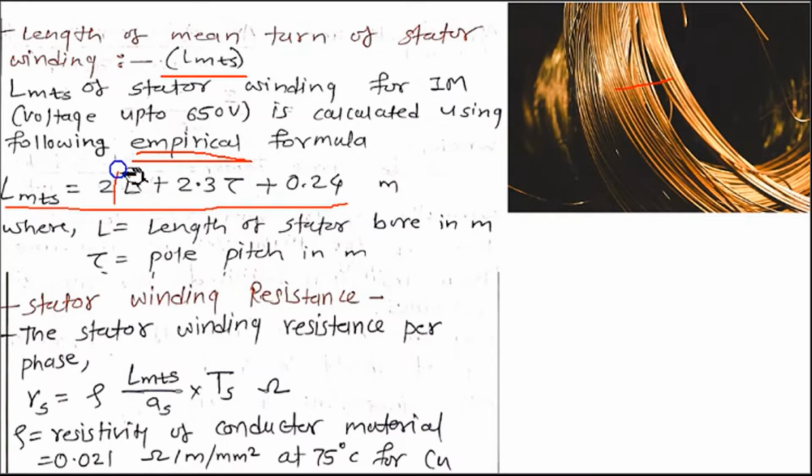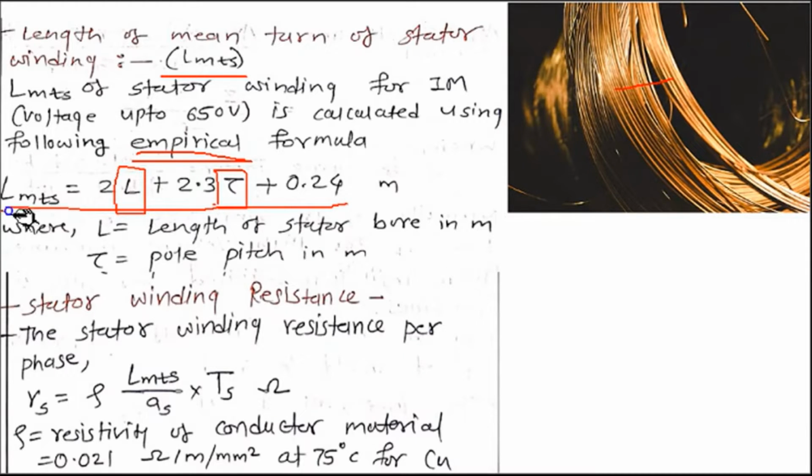You know the value of L, it is your stator core length. Tau is nothing but your stator pole pitch.